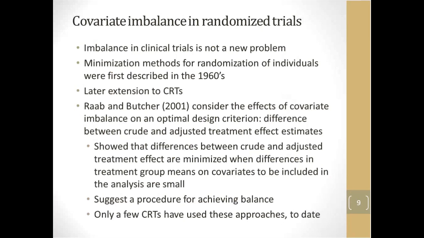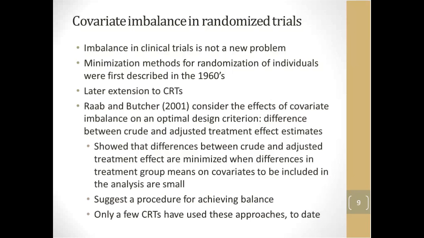There's a key paper by Raab and Butcher in 2001, looking at the effects of covariate imbalance on a key optimal design criterion, and that's the difference between the crude and adjusted treatment effect estimates. And they showed that differences between crude and adjusted treatment effects are minimized when the differences in the treatment group means on covariates are small.